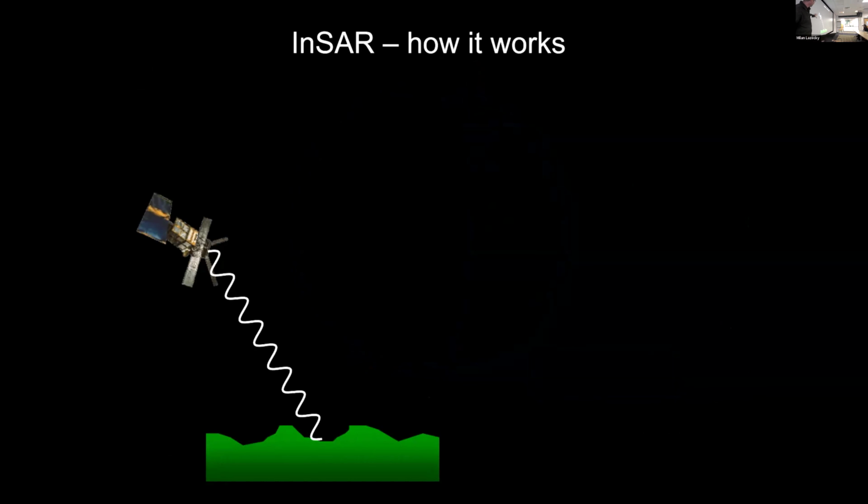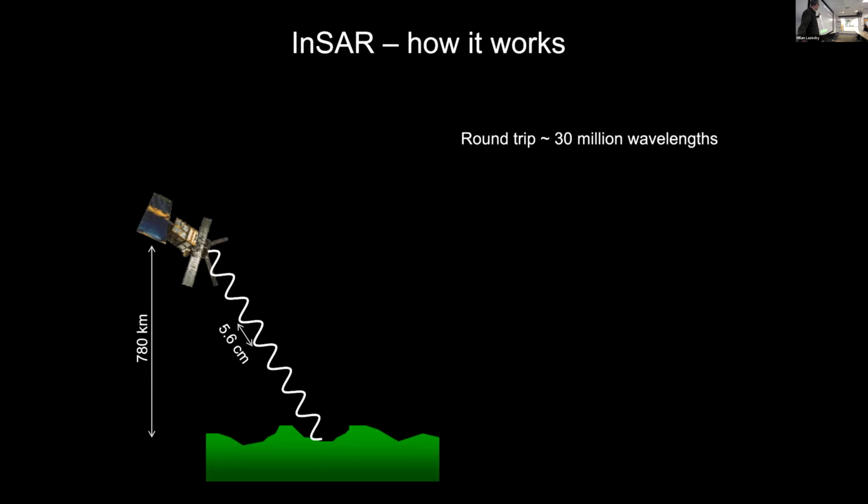But this is the basics of how InSAR works. We've got our radar, and we're basically measuring the distance between the satellite and the ground and how much it changes. This is not to scale. The satellite, this is for ERS, is at 780 kilometers. I think Sentinel is a little lower in the orbit, about 600 kilometers. The wavelength is 5.6 centimeters, so there's a round trip there and back of roughly 30 million wavelengths, but we don't know the exact number.